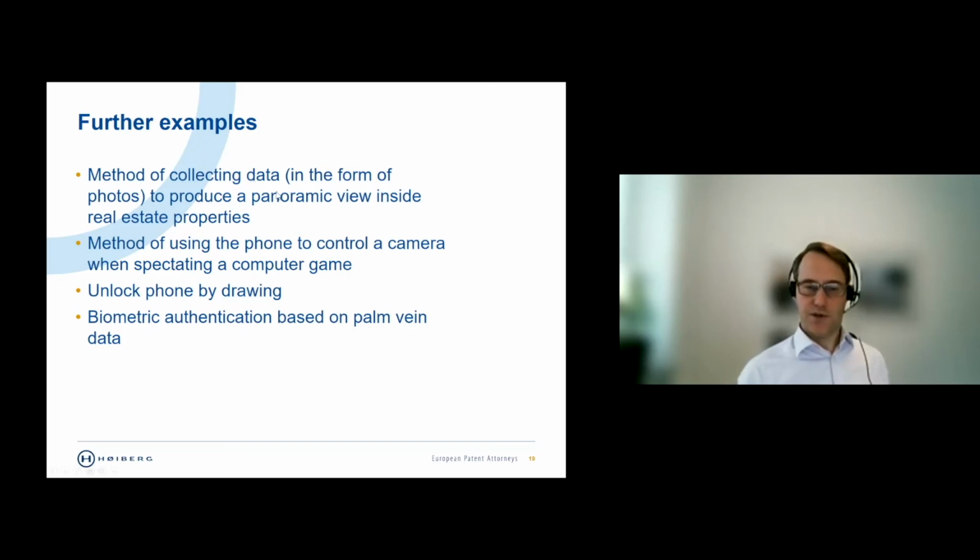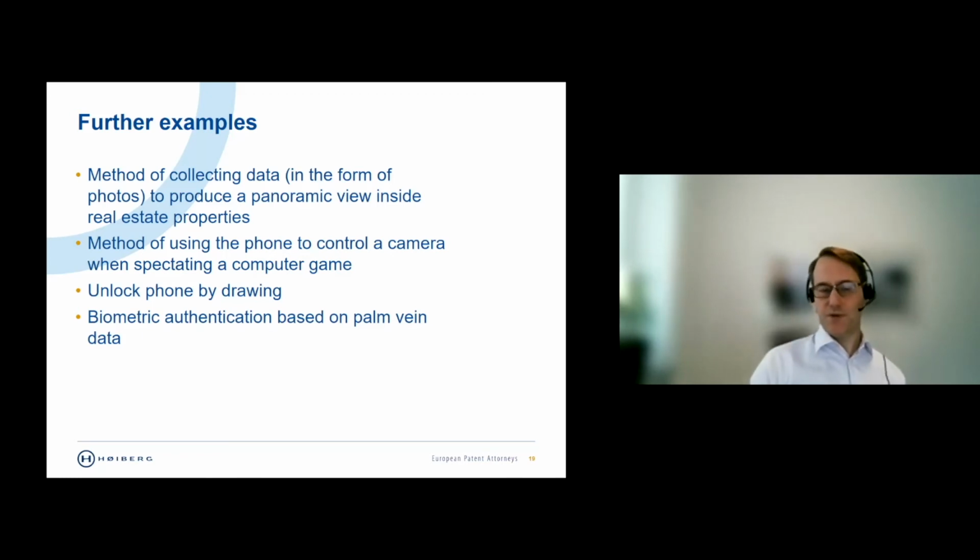That's probably something that many phones can do today. Second one is a method for using the phone to control in the computer game. So if you watch other people playing, you can be part of the game, and you can control how you see the environment, a little bit like some kind of virtual reality, I would guess.